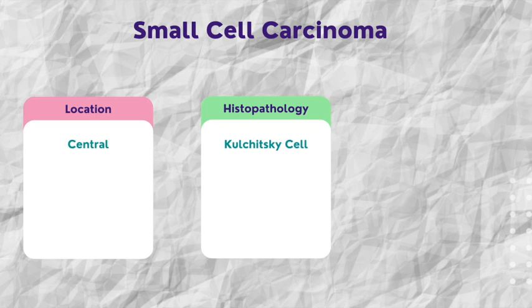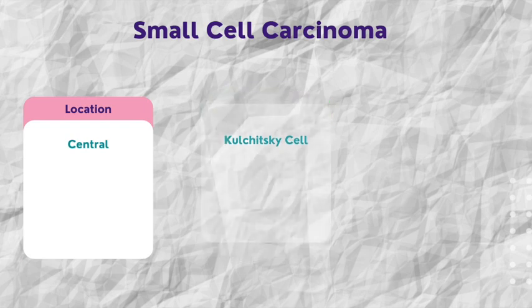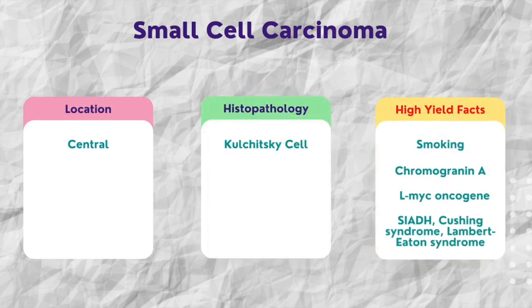The high-yield facts are that small cell lung cancer is associated with smoking. They have chromogranin A positive. It's also associated with the L-MYC or MYC oncogene. And it is associated with some very high-yield paraneoplastic syndromes: SIADH, Cushing syndrome, and Lambert-Eaton syndrome.